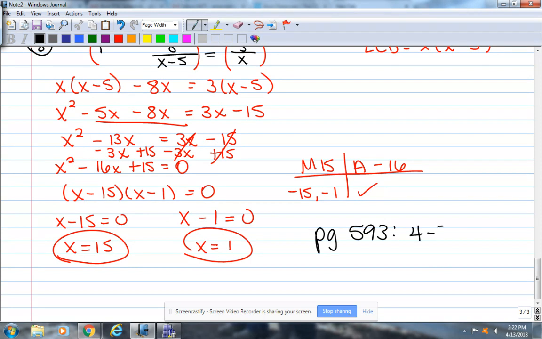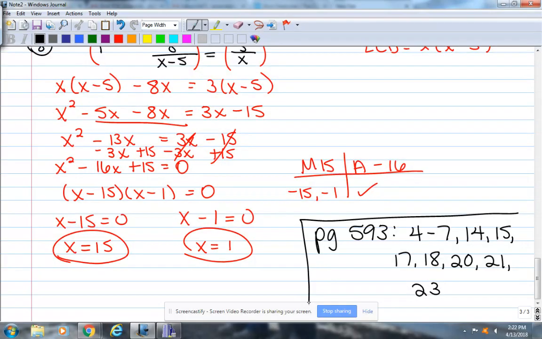Problems 4 through 7, 14, 15, 17, 18, 20, 21, and 23. Notice that I skipped around because some of those I didn't think were going to be fun to do.